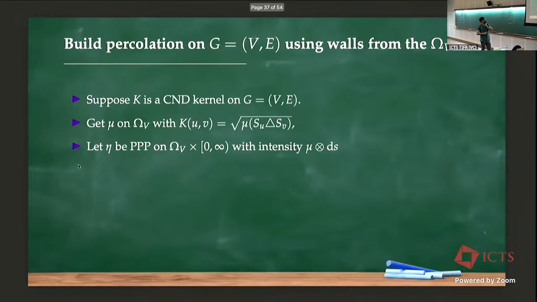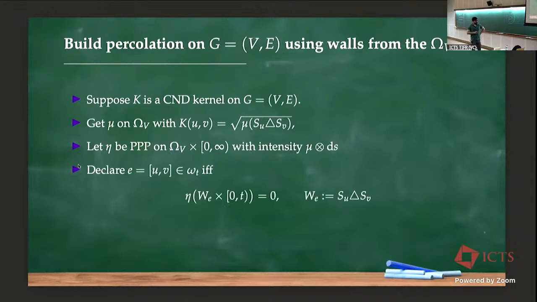So what can we do if we have a measure? We can always build a Poisson point process on this universal space. Now I need a tuning parameter, so I have the Lebesgue measure on 0 to infinity. We'll see why in a second. Basically, I build a Poisson point process tuned with a non-negative parameter.